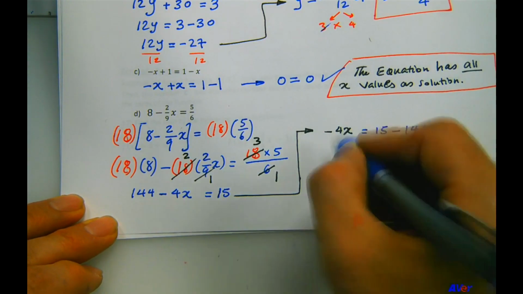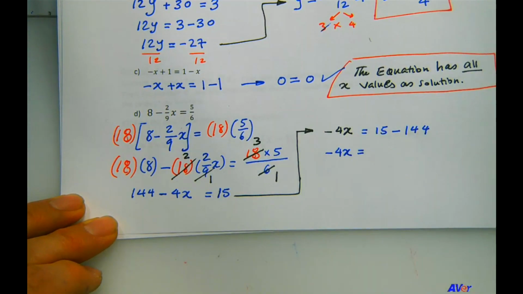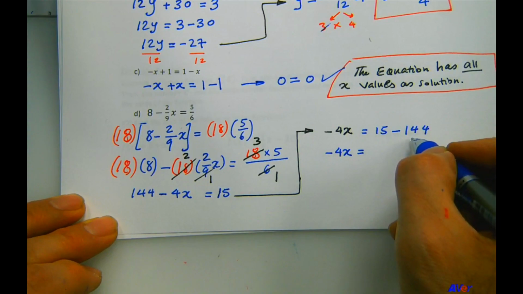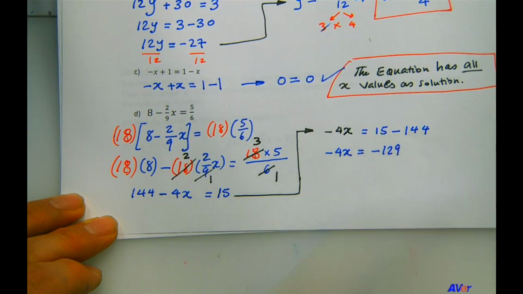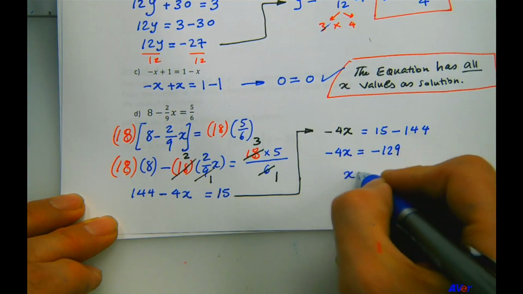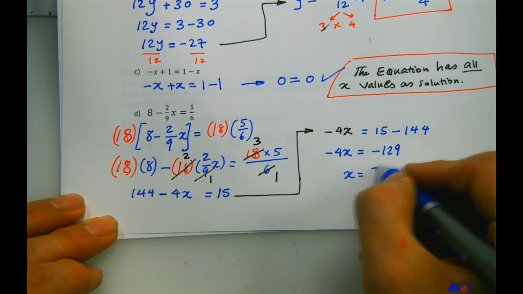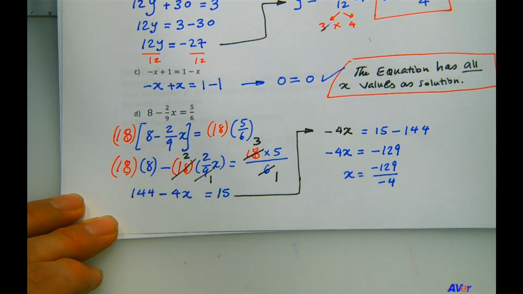Then minus 4x equals minus 129. And then x is minus 129 over minus 4. Minus divided by minus is positive.